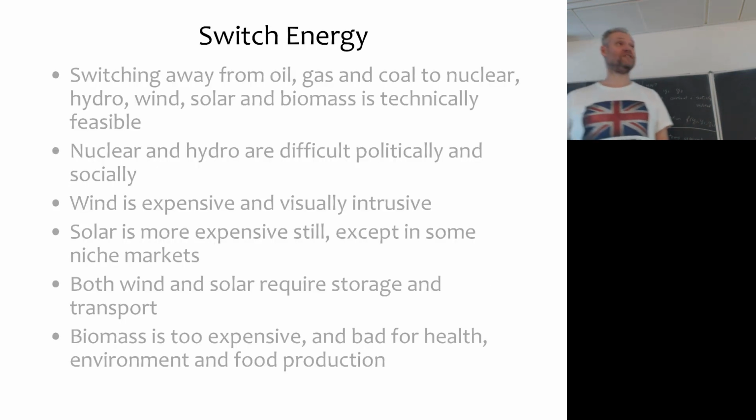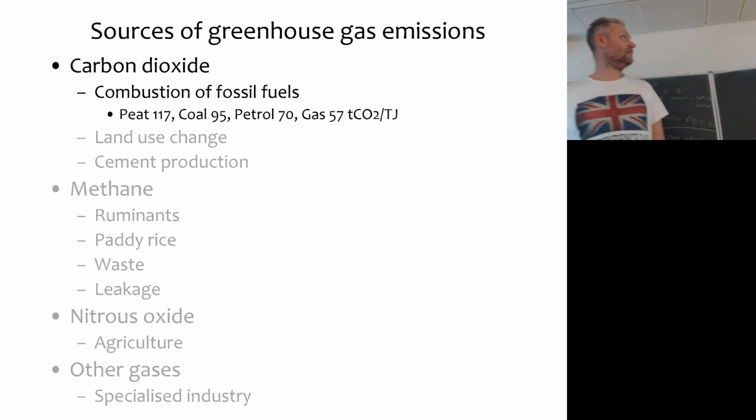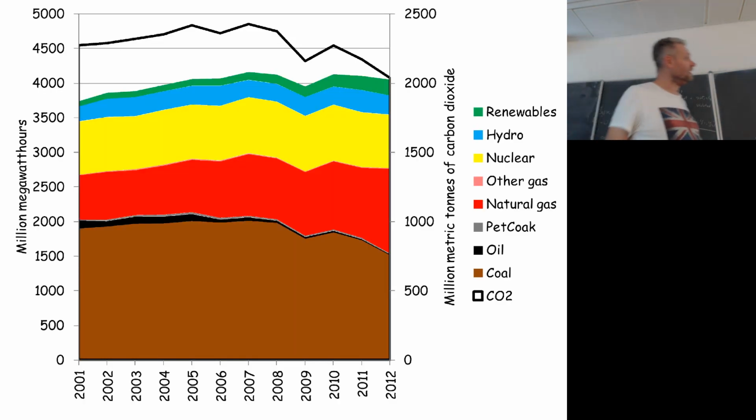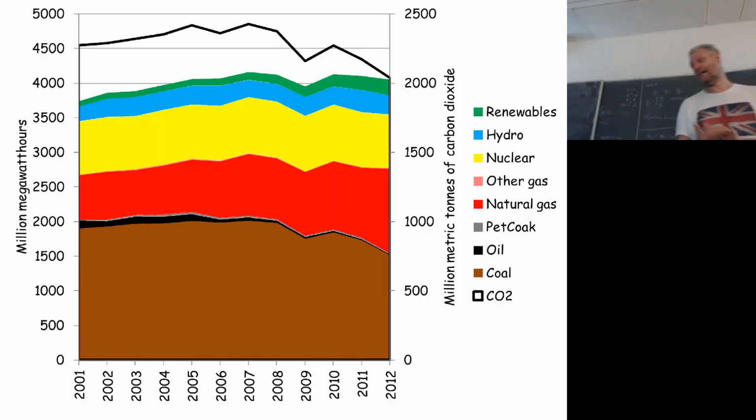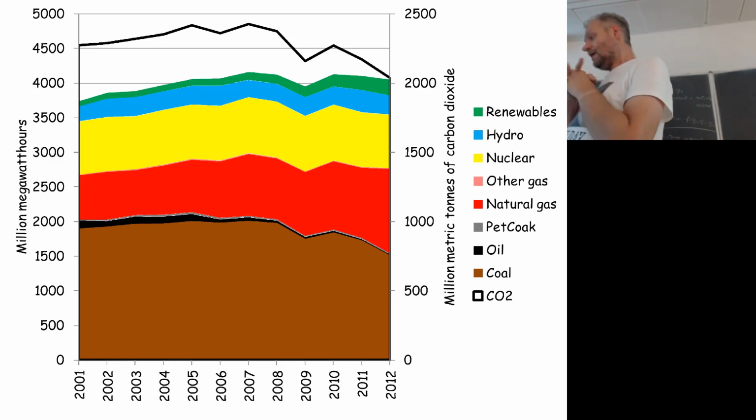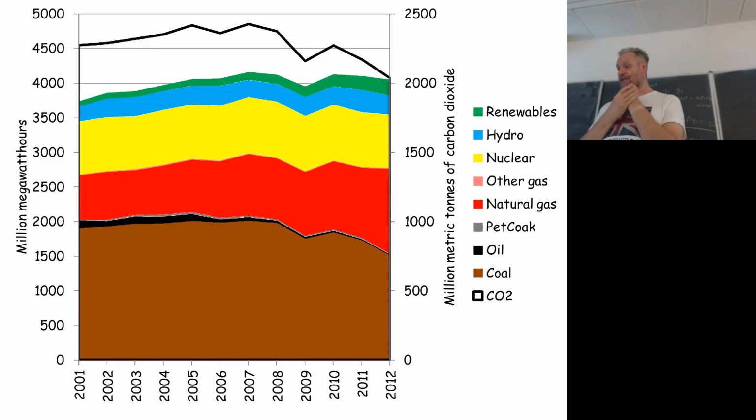And then you can switch energy. Fossil fuels are not created equal. Gas has about half the CO2 per joule as coal, and that explains the trend that you see here. So we're looking here at CO2 from energy use in US power generation over a 13-year period.